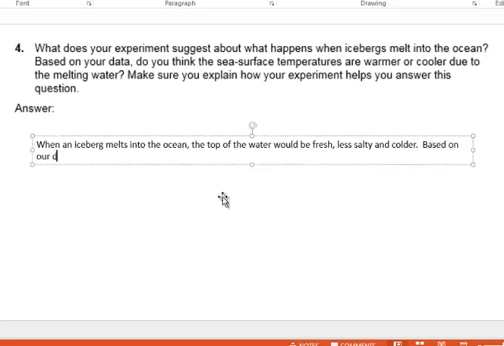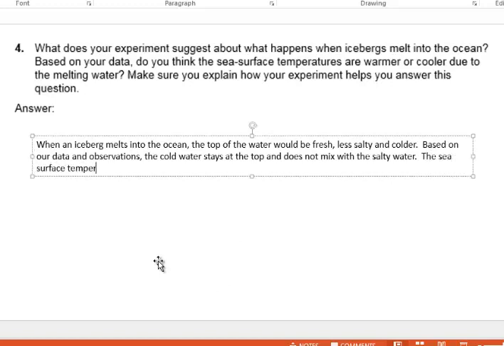Based on our data and observations, the cold water stays at the top and does not mix with the salty water. So the sea surface temperatures would be colder. We'll just put that. The sea surface temperatures would be colder.